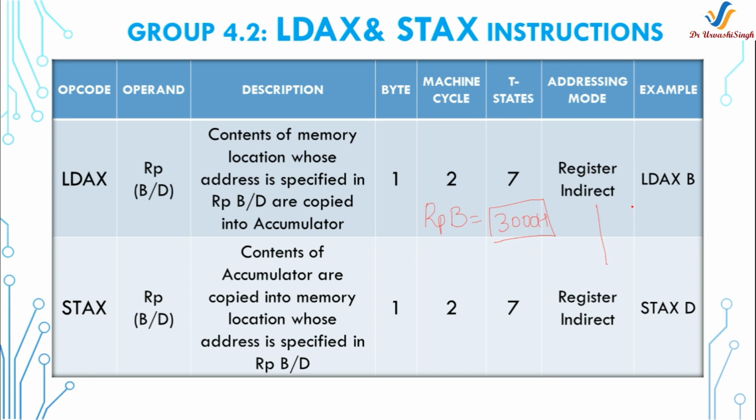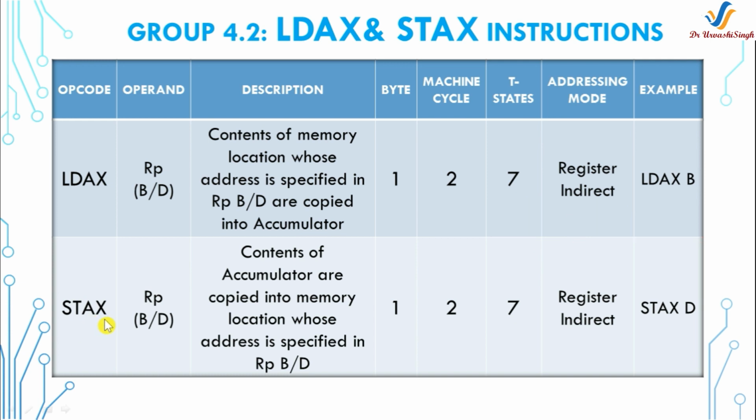So this 16-bit number will be treated as an address 3000 hex, and the content of this memory location will be copied into the register A, 3A hex. So the address is indirectly given in the instruction. In this way, the instruction will be executed.